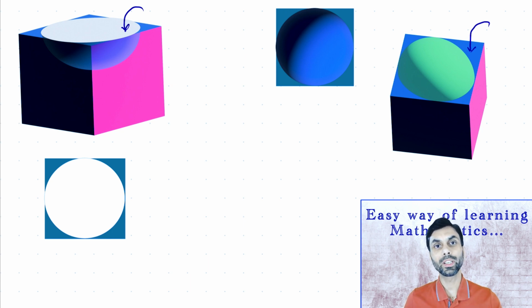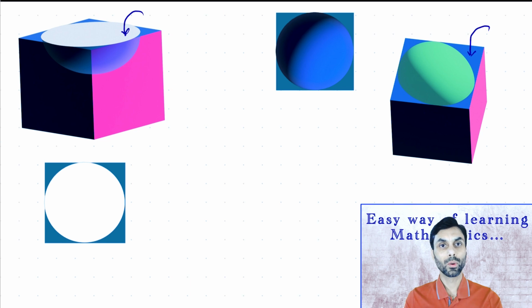The basic thing we need to remember is that whenever they ask to find the surface area, we need to think about which surfaces will still be visible to us after combining the solids. We will have to find that surface area. So in the first case, where the hemisphere has been hollowed out, we know that a cube has 6 surfaces, where 5 of its surfaces are without any change.